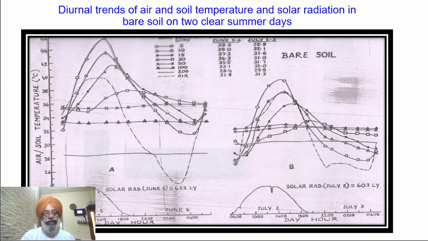Now the solar radiation on June 5th is 633 Langley as compared to 603 Langley during July 2nd to 3rd. This is a clear sunny day, and this is also a clear sunny day, and we have the depths 5 centimeter, 10, 15, 30, 50, 100, 200 centimeter soil depths where the temperature was recorded.